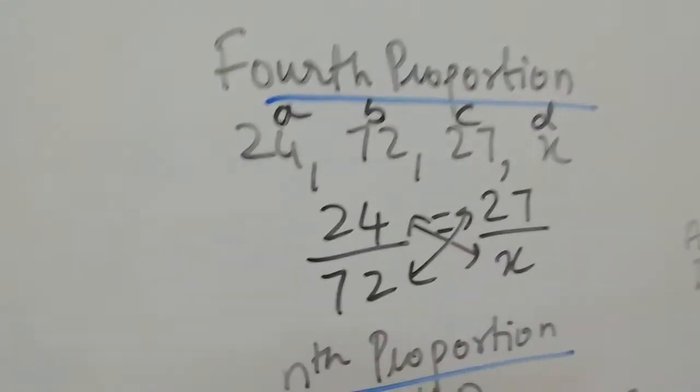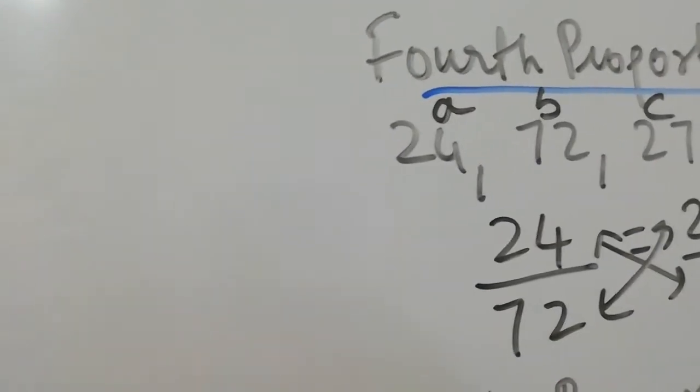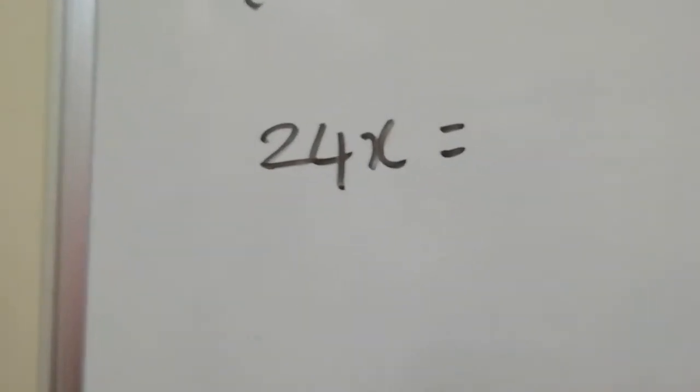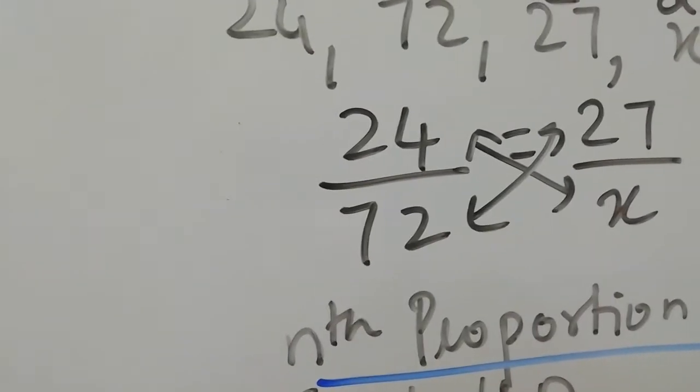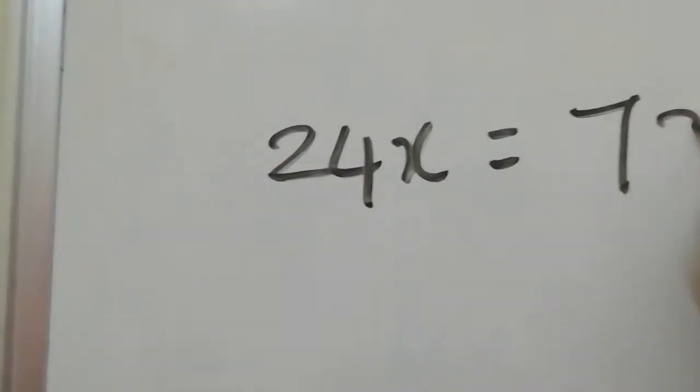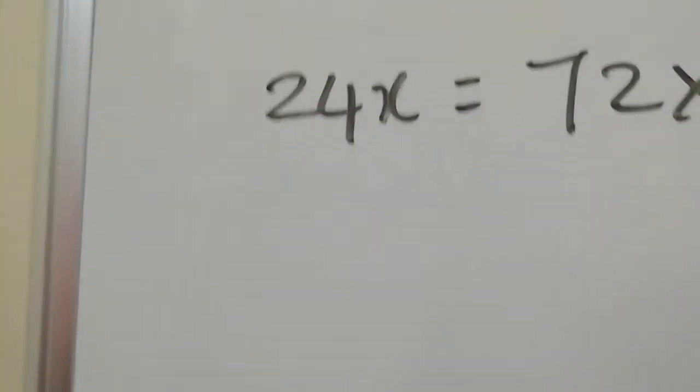With 24, X will come. Correct? So it will be 24 times X, and 72 goes to the numerator, so it will be 72 times 27.